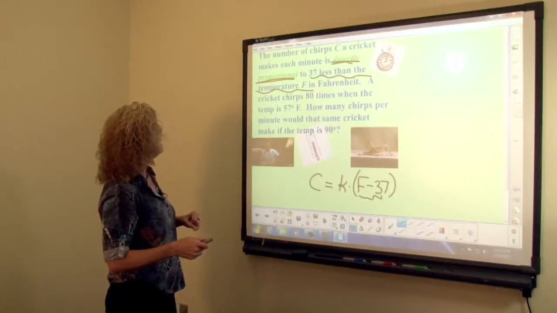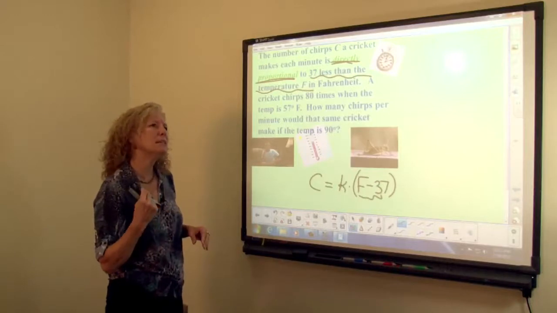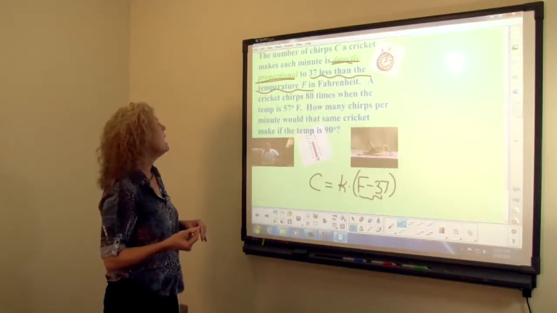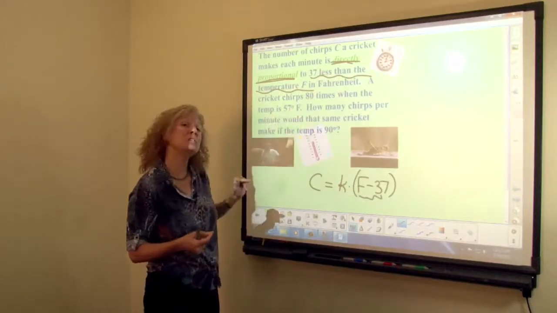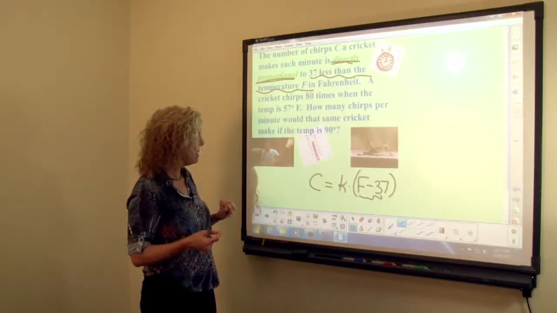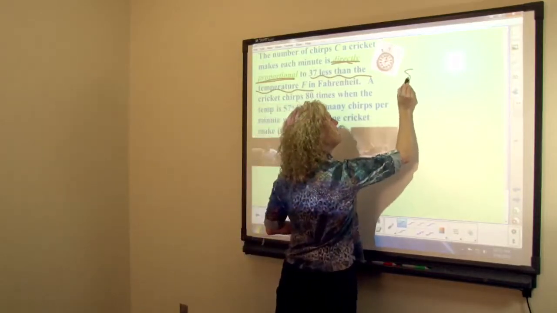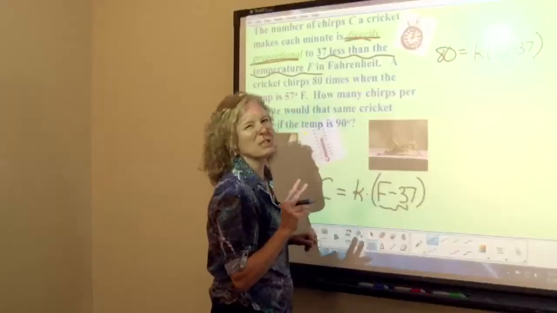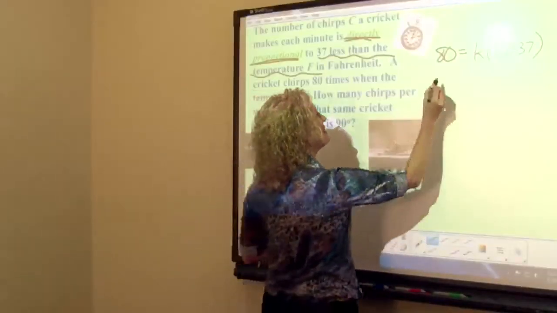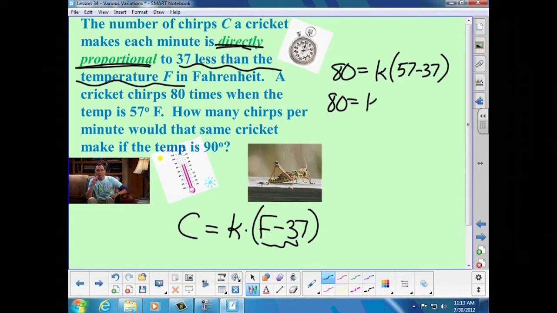And then it does tell me, okay, you could sit there for a particular cricket and count, and there were 80 chirps when you knew the temperature was 57. Okay, so I could say 80 for my chirps is equal to K times 57 minus 37. Of course, I picked that because it was a nice number for me to work with. So 80 is equal to K times 20. So my K value is 4.